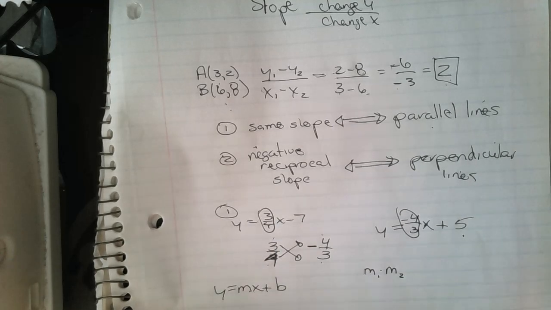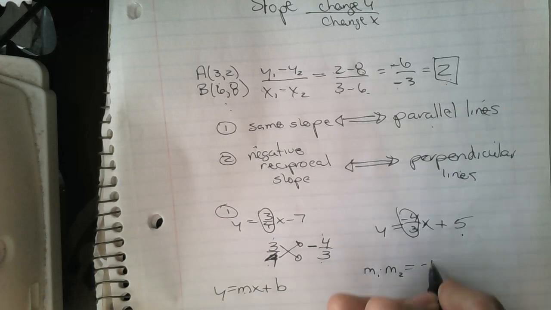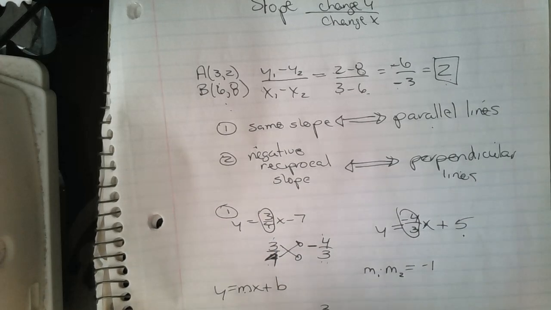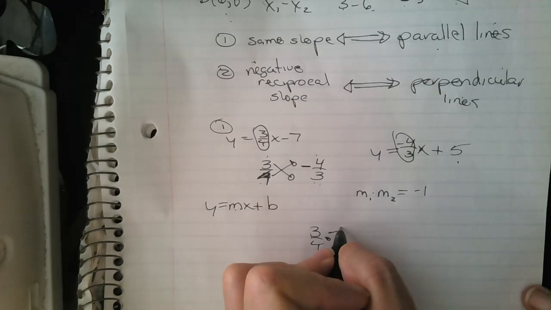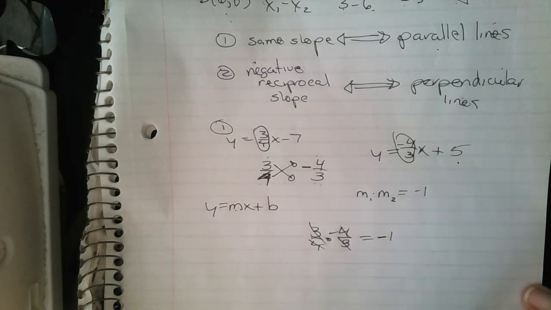If I have 3/4 times negative 4/3, see how the 3's would cancel and the 4's would cancel, and I just end up with negative 1? It's just another way of saying it. But it's a lot easier to think about the negative, change its sign, reciprocal, flip it.